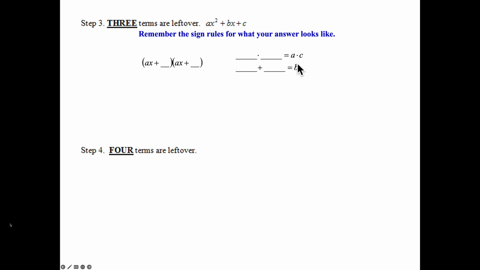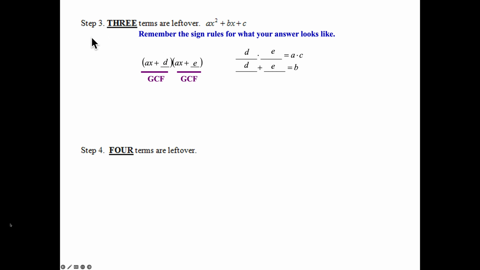If B is even, look for one of your A or C's to be even. Then take out your 2's. If B is even and both of these are odd, then it's listing your odd factors. So we find our numbers, let's call them D and E, we put them in the appropriate blanks, we take out the GCF of each binomial, and that's our final answer.